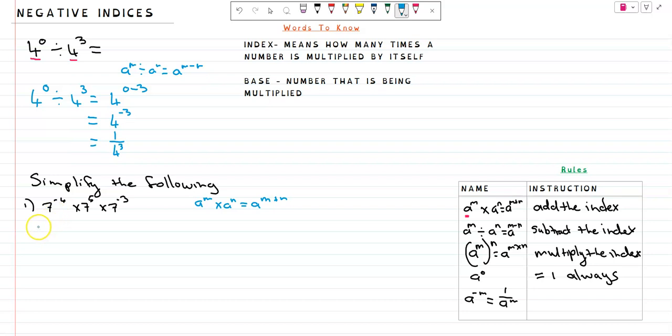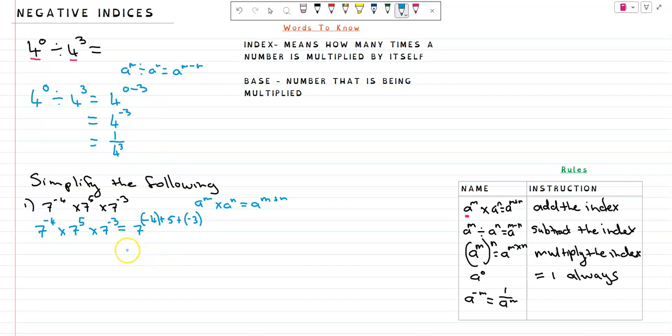And we need to write down the equation: 7 to the power of negative 4 times 7 to the power of 5 times 7 to the power of negative 3 equals. And now we can implement this rule, which says 7 to the power of negative 4 plus 5 plus negative 3.